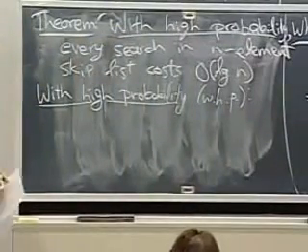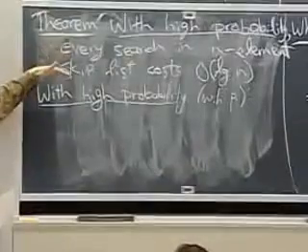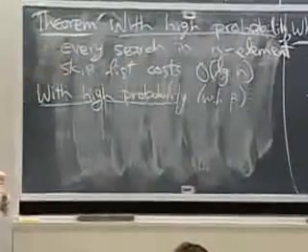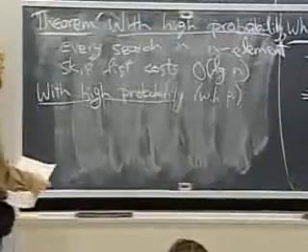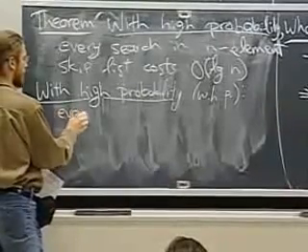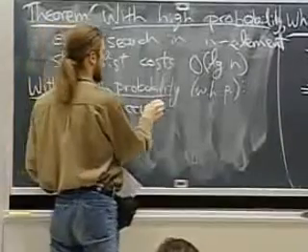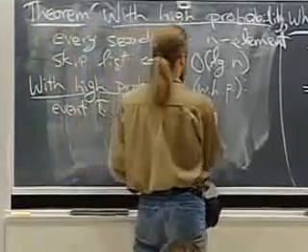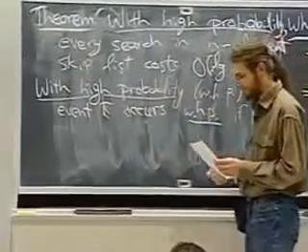So if I have a random event, and the random event here is that every search in an n-element skip list costs order log n, I want to know what it means for that event to occur with high probability. So this is the definition.